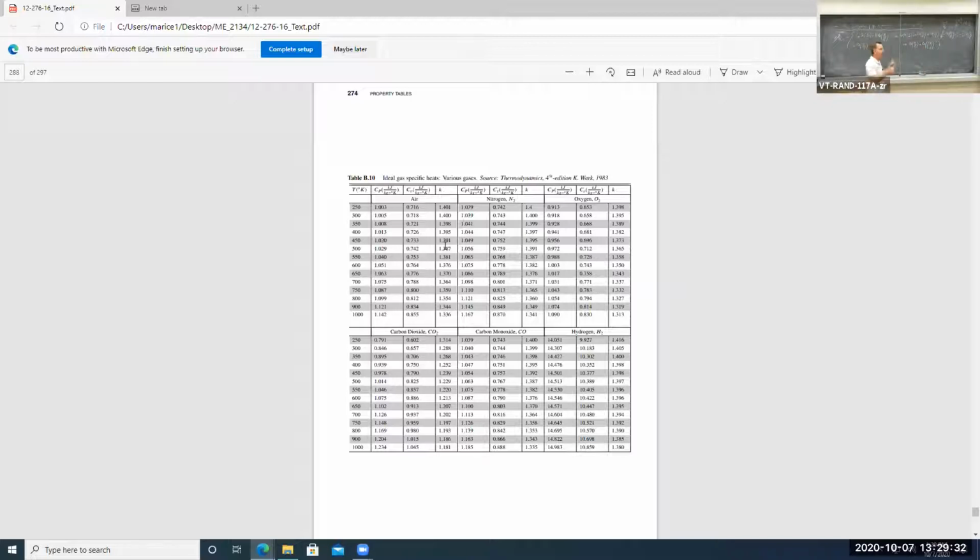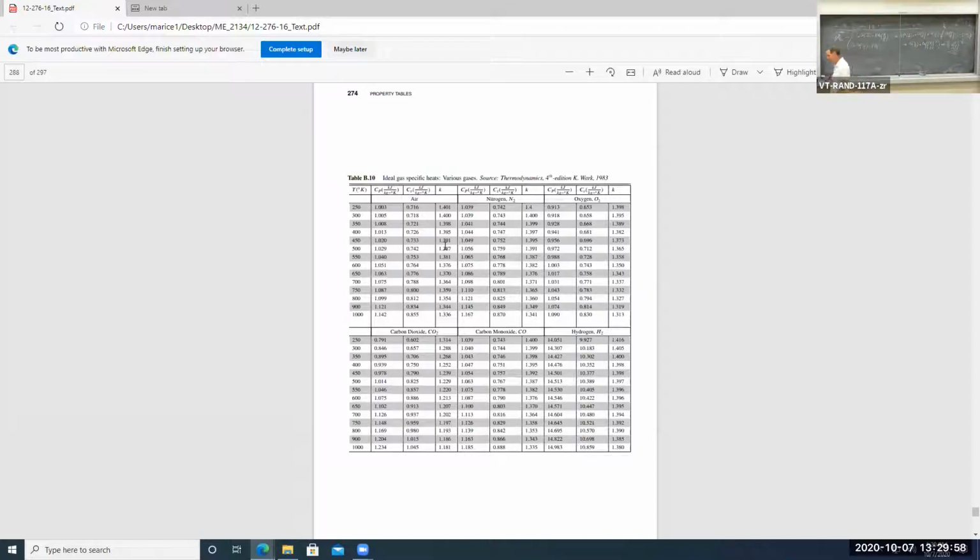Let's raise everything to the power and get rid of the natural log. And I get T2 over T1 is equal to P2 over P1 to the 1 minus 1 over k. All right? So this is our first isentropic property relationship.